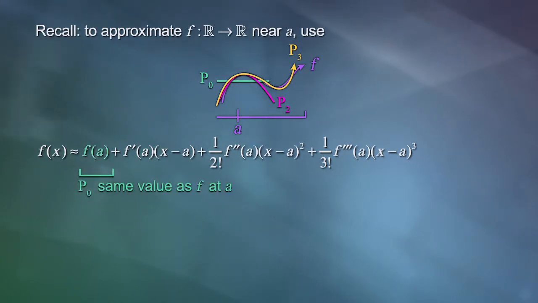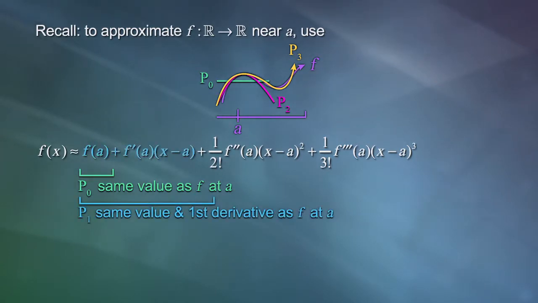So for instance, if you just take the first term, you get a constant function, often called p0. It shares the same value as f does at the point A, and then adopts that value as a constant value everywhere.